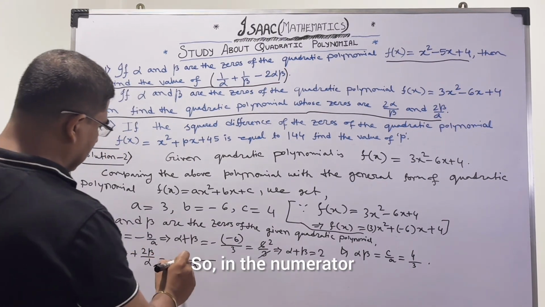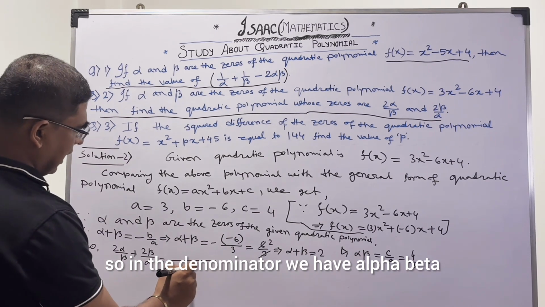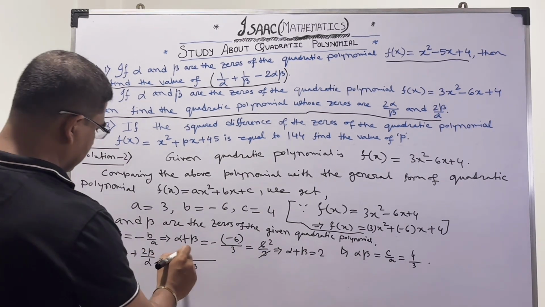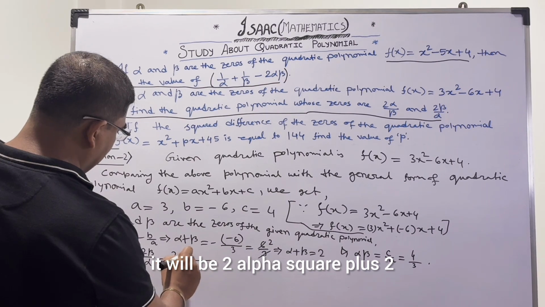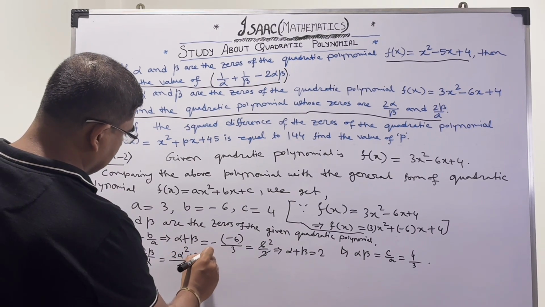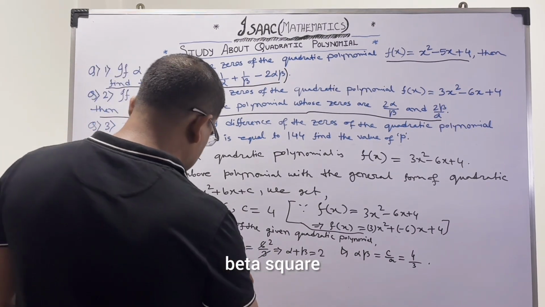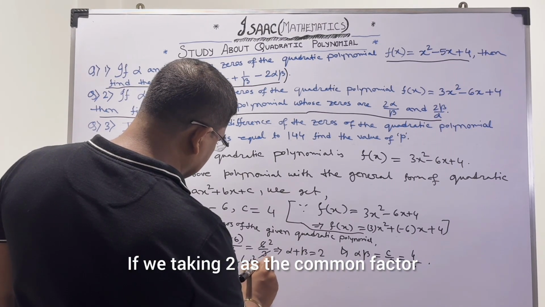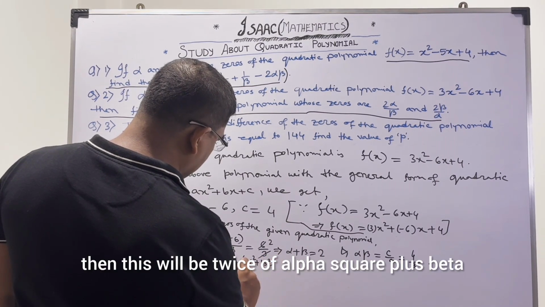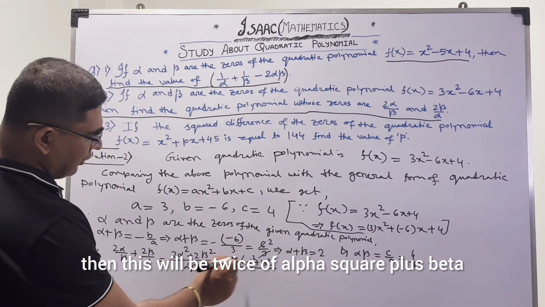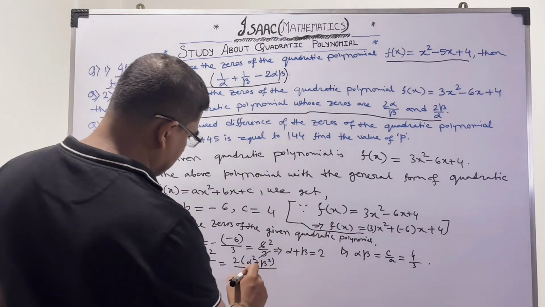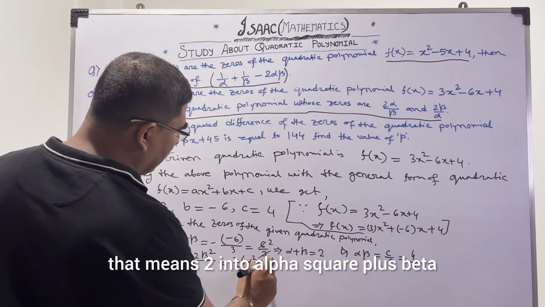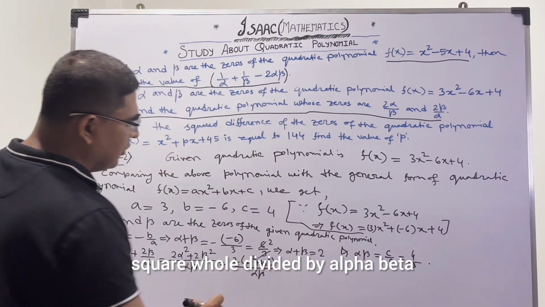So in the denominator we have alpha beta, and in the numerator it will be 2 alpha square plus 2 beta square. If we take 2 as a common factor, then this will be twice of alpha square plus beta square. That means 2 into alpha square plus beta square, whole divided by alpha beta.